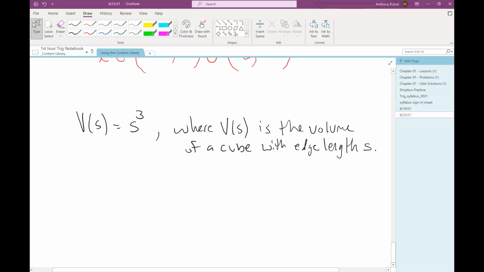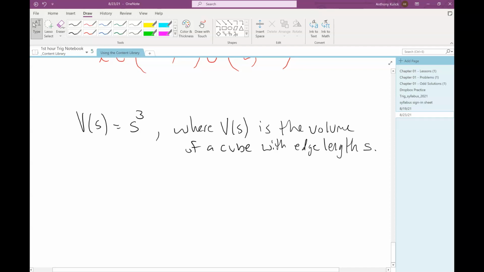What kind of numbers can't we use for an edge length? Negatives, right? You could debate whether zero length is still a measurement or not. I would say it is, but certainly you can't have a negative edge length. So the implied domain here is the real numbers that are greater than or equal to 0.